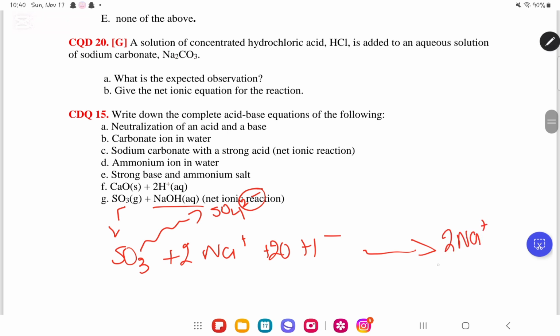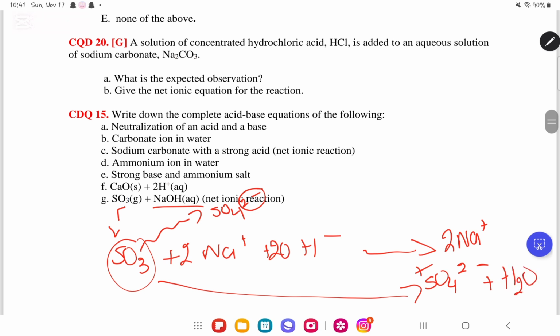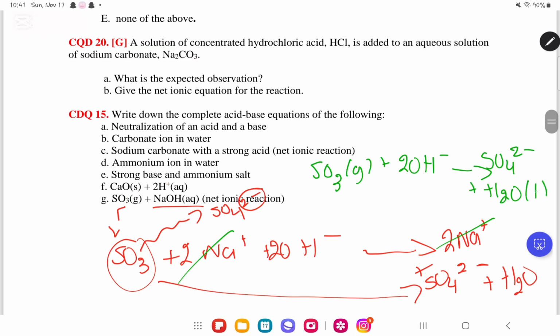In addition to this gas comes from SO4 2-, so SO4 2- and water. Now they're asking us for the net ionic equation, so what we're gonna do is cancel the things that are the same on both sides, and then our net ionic equation is SO3 gas in addition to 2OH- will give us SO4 2- and H2O liquid.